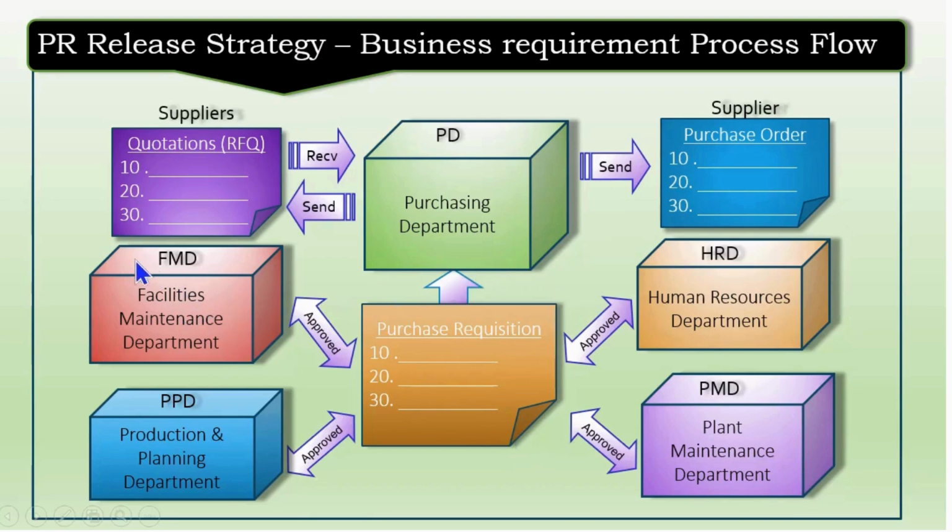Here, FMD users, just let me brief, because you must be familiar with production and planning, plant maintenance, HRD, but facilities maintenance department maybe you're not aware of. Let me give a brief about it. The facilities maintenance department will take care of, if it is a huge company, the building construction, cubicle constructions, and there is a separate fire department to take care of the fire and safety alarms.